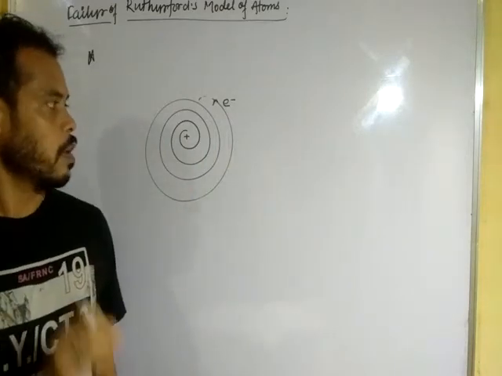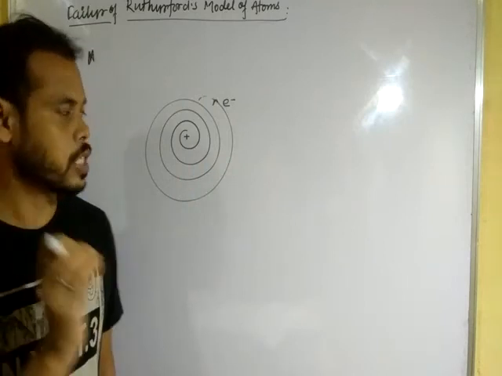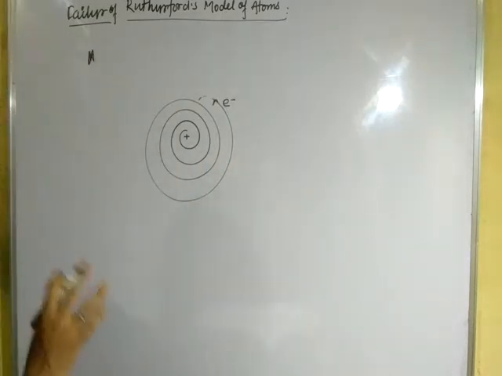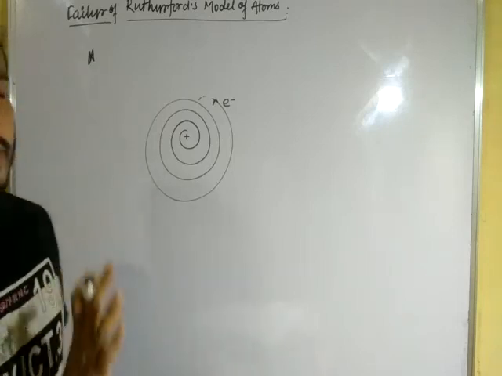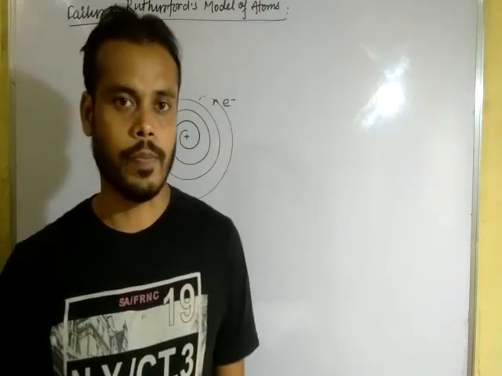That means the atom must be destroyed. So the Rutherford model could not explain the stability of the atom.